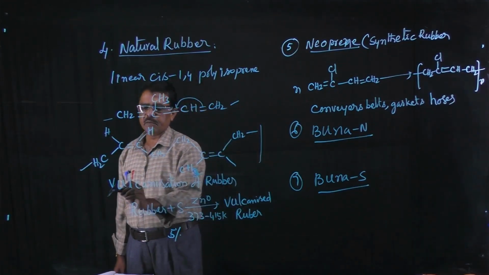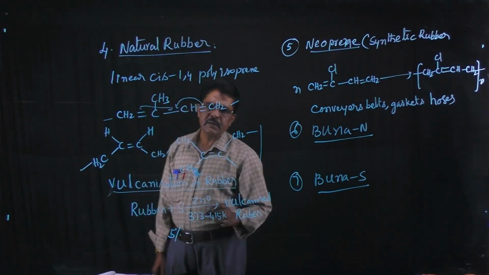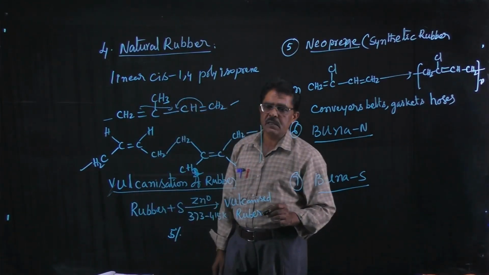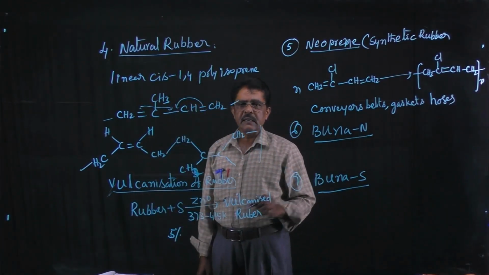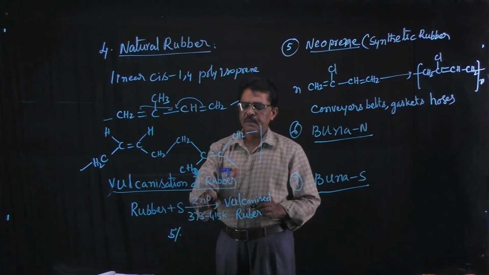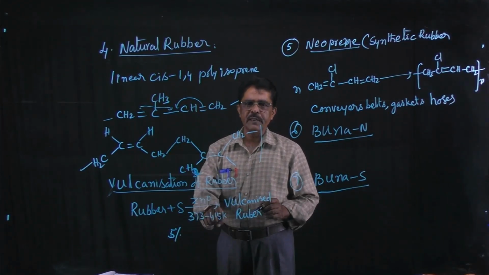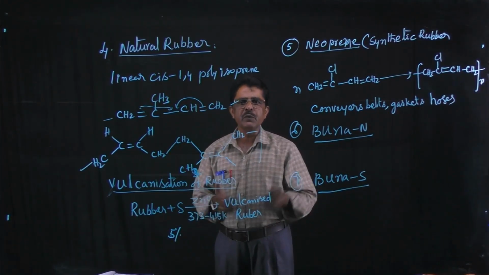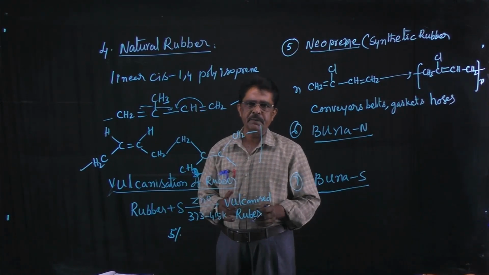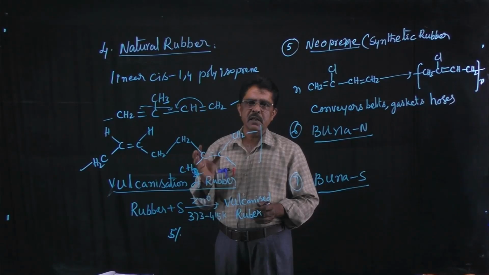Next, what is the vulcanization of rubber? Vulcanization of rubber is the process of heating raw rubber with sulfur in the presence of zinc oxide at 373 to 415 kelvins of temperature to improve the physical properties of rubber. To improve the physical properties, the natural rubber is heated with sulfur.